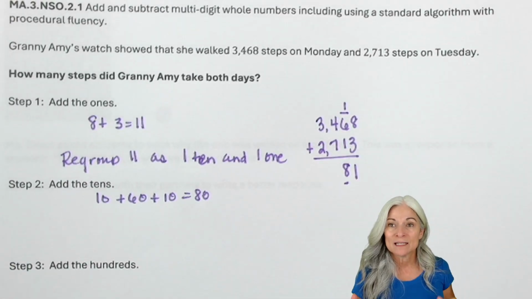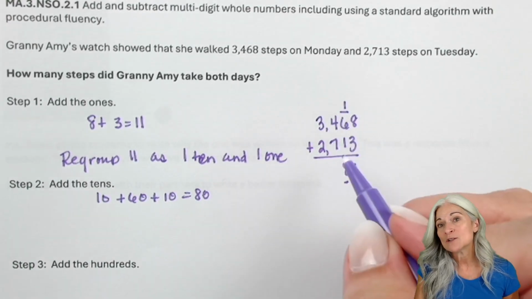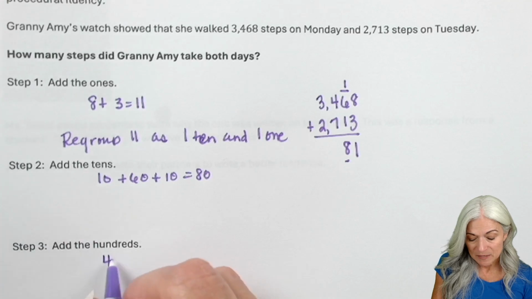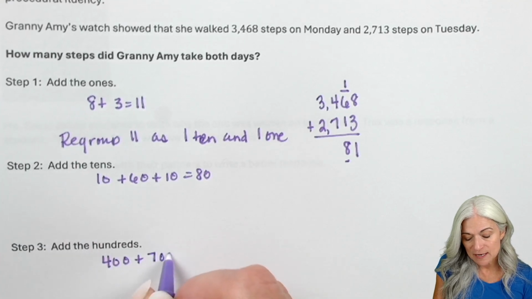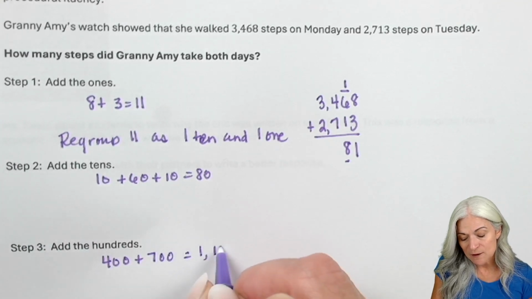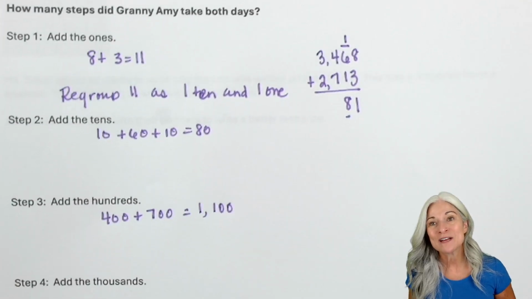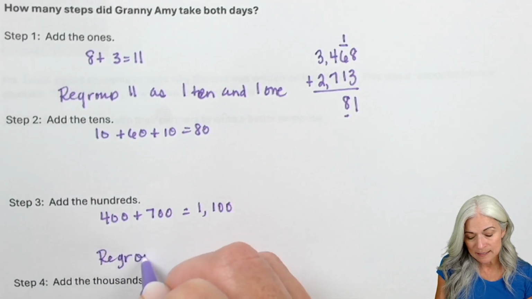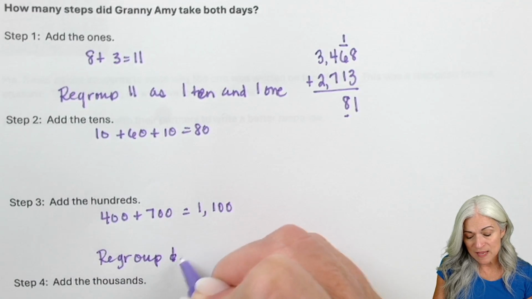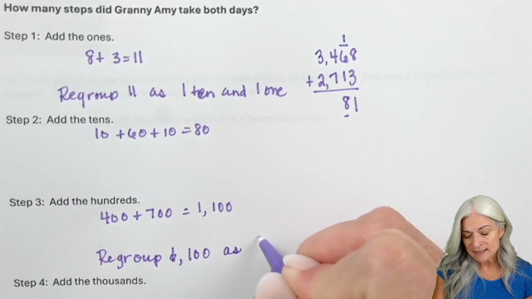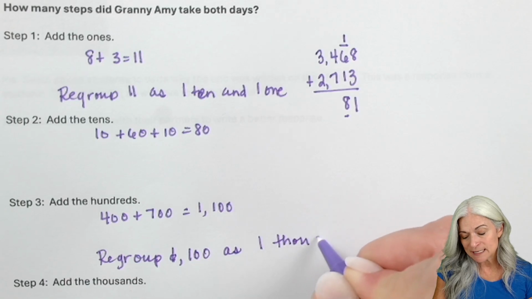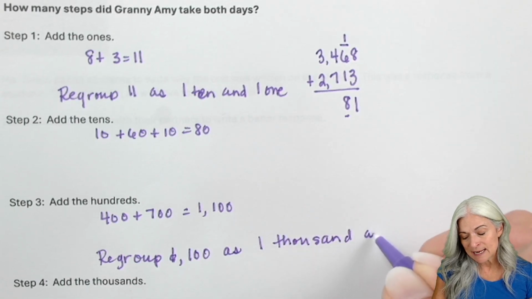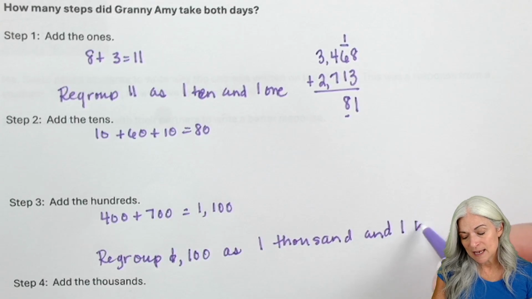No regrouping is required. Now we have 400s and 700s. So 400 plus 700 is 1,100. Now regrouping is required. So we will regroup 1,100 as 1,000 and 100.